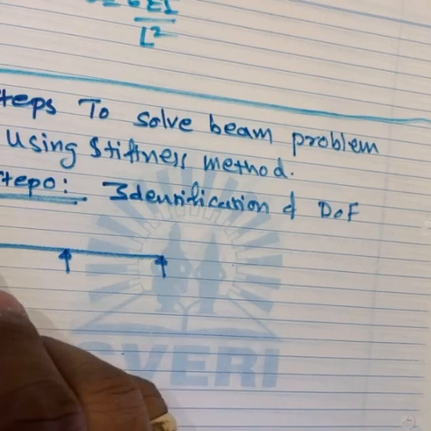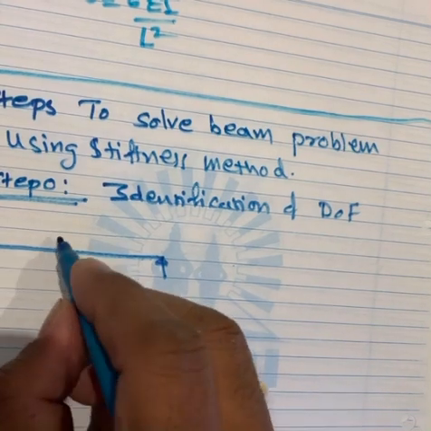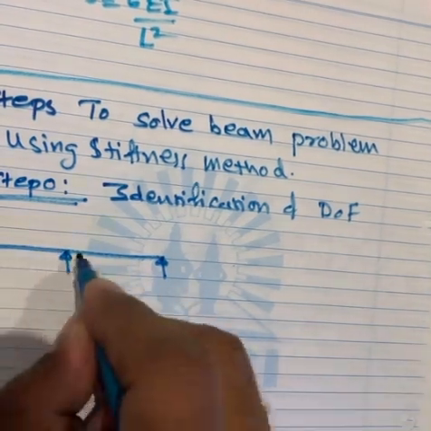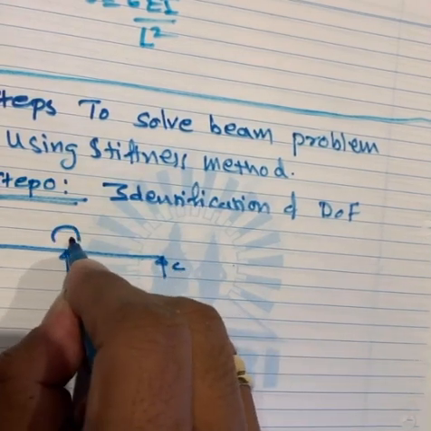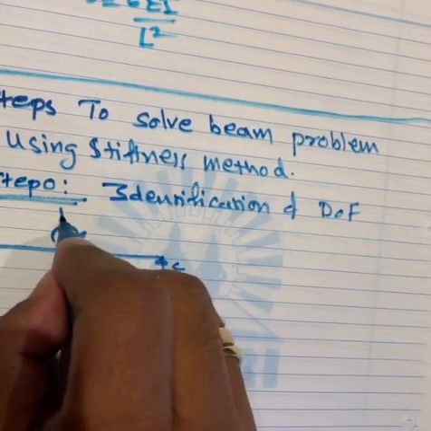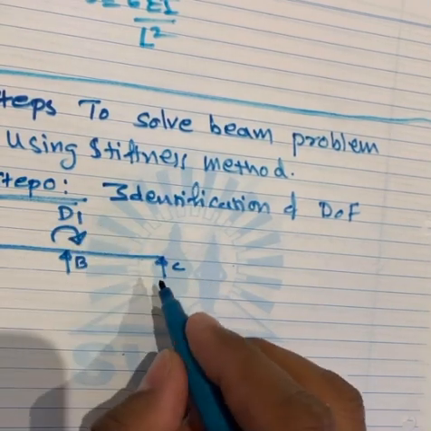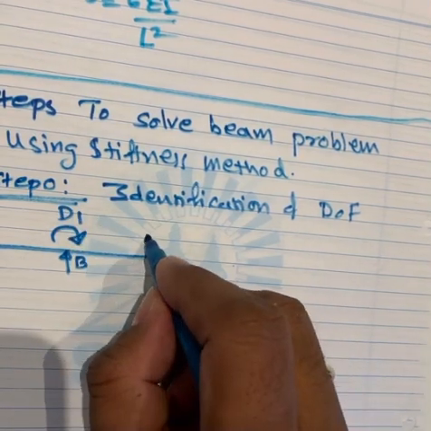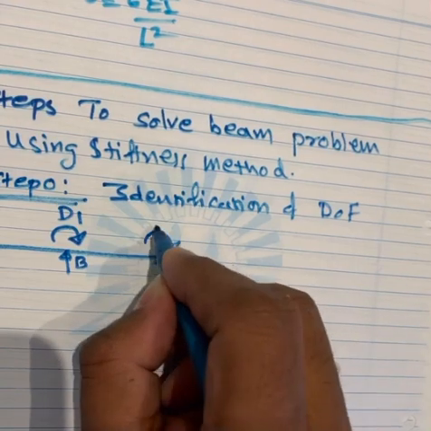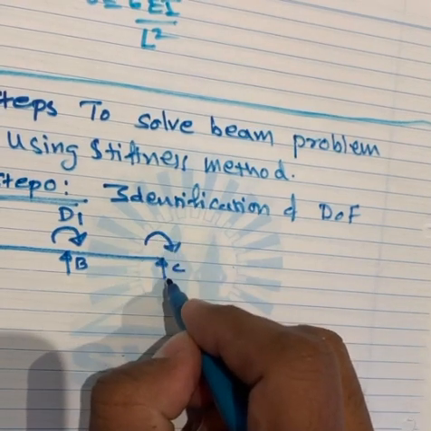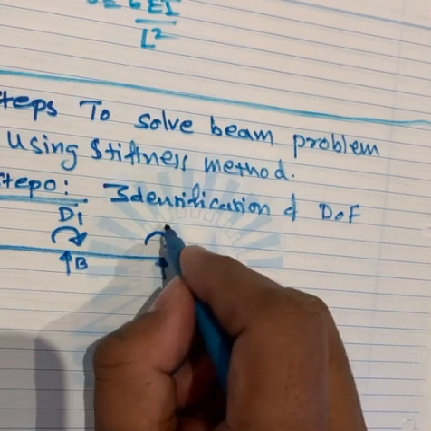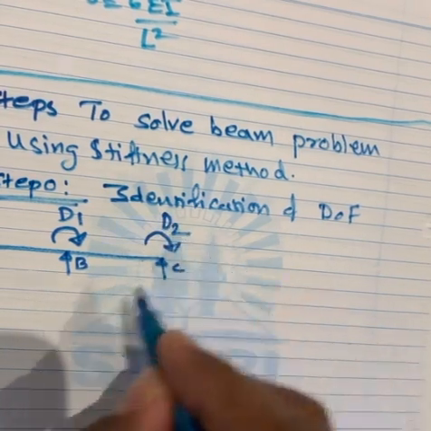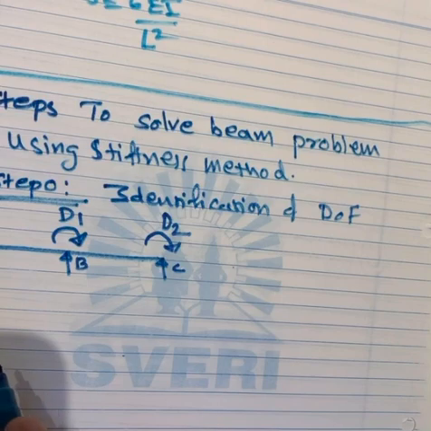So this is 0. If I label this as A, B and C, here there will be rotation, and let us label this as D1. Then here also there will be rotational degrees of freedom. Rotation is possible but vertical deformation is not possible. So we call it D1 and D2.